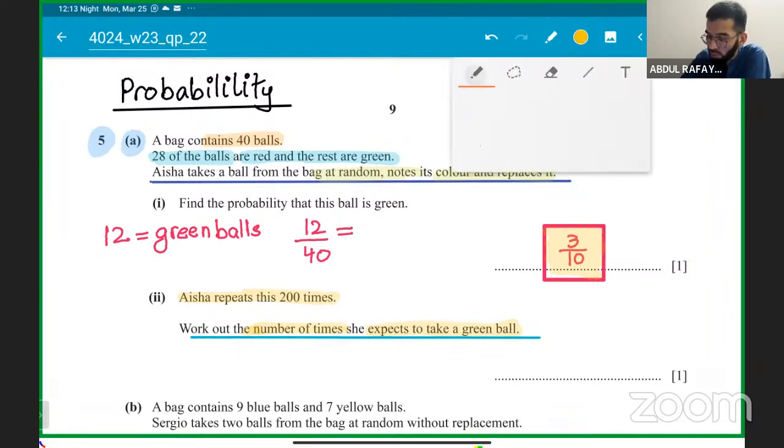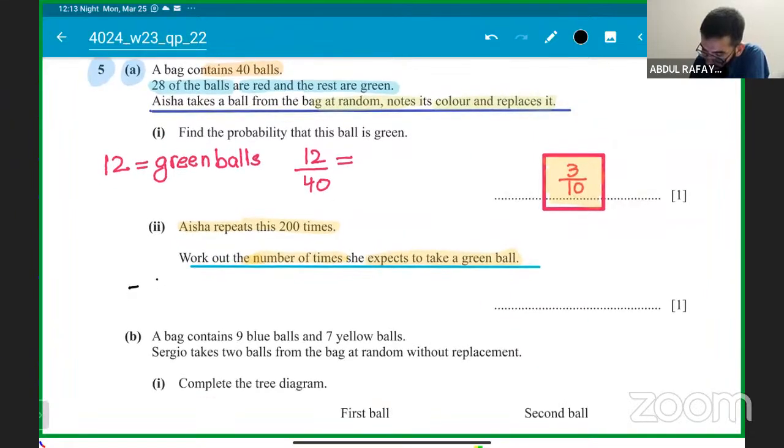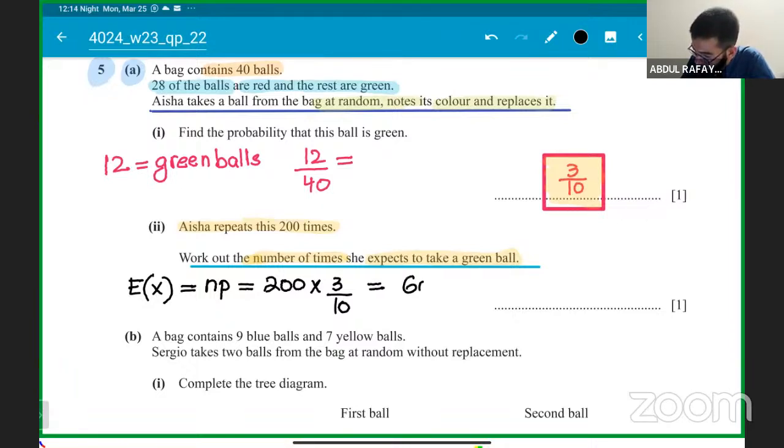So there is a formula for this. Those who know, very good. Those who don't know, follow carefully. The expectation is always the number of observations times the probability, n times p. The number of observations is 200, the number of times Aisha is going to take the ball, and the probability of taking out the green ball is 3 over 10. So the zeros cancel and it's 60 times.